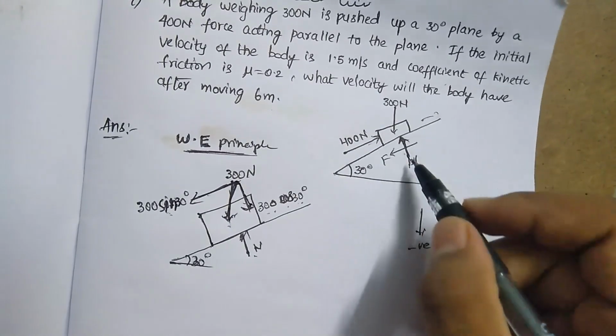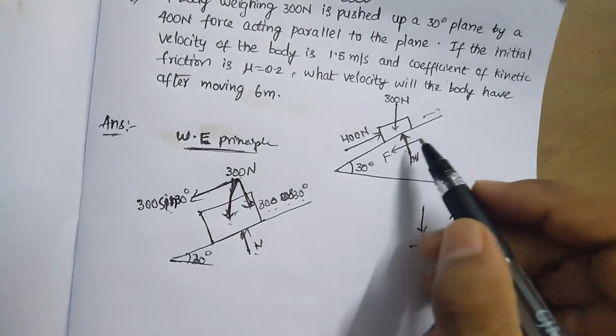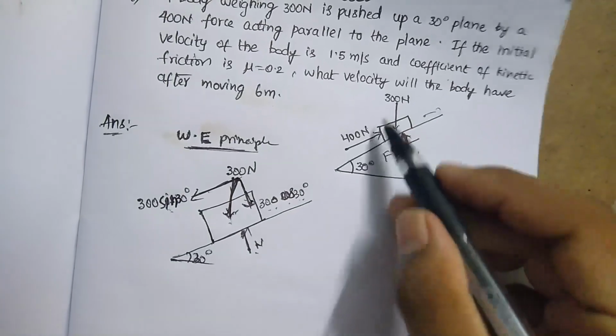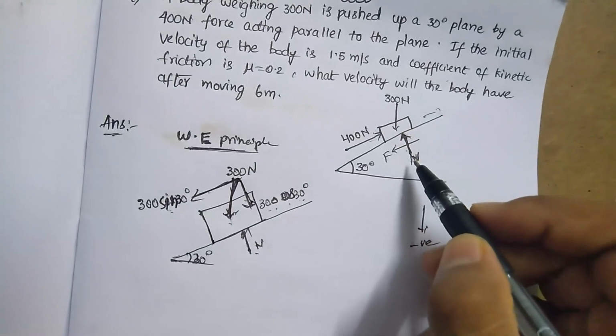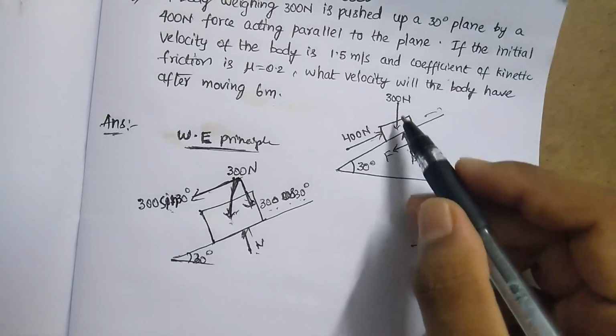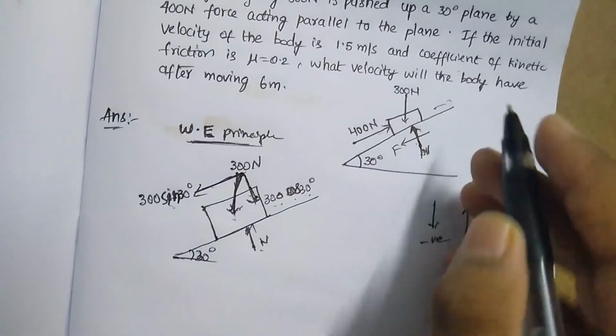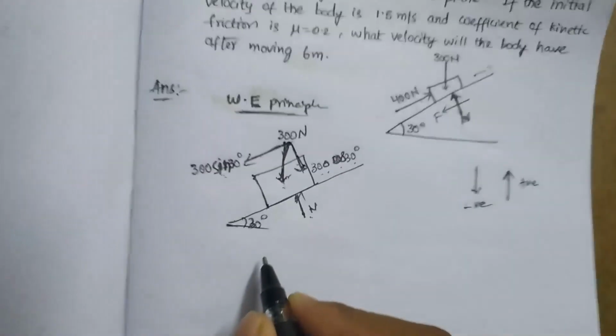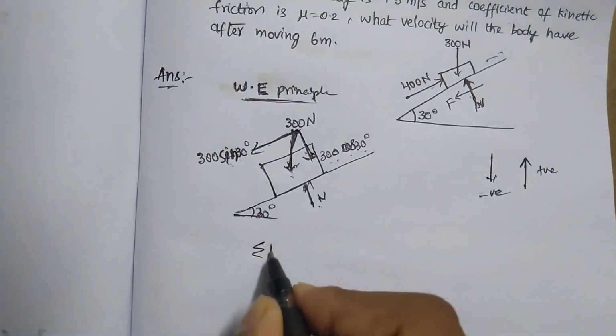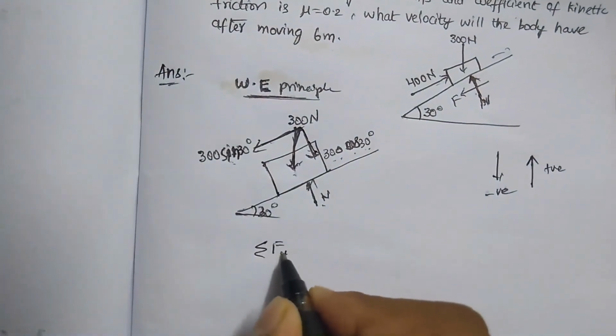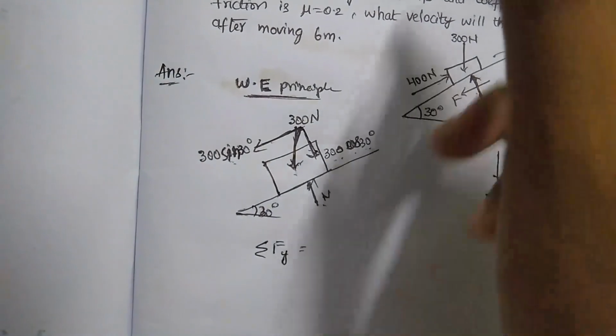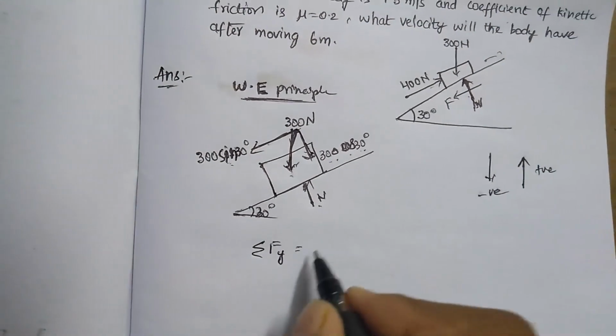The body is constant with respect to the vertical direction. So the summation of forces acting along the vertical direction is always 0. So sigma Fy, here Fy means in the y axis, in the vertical direction, Fy equal to 0.